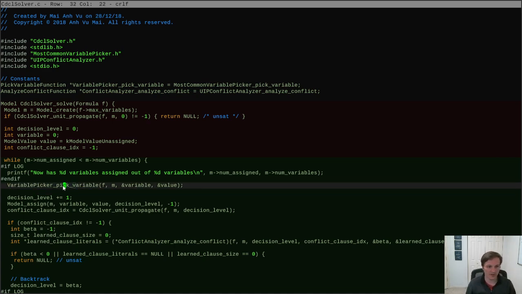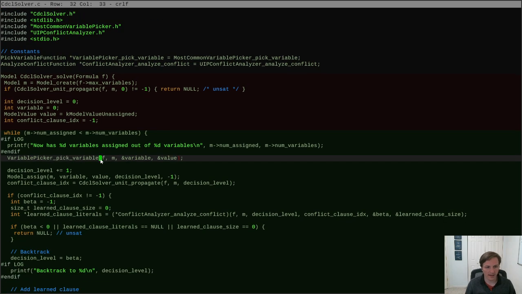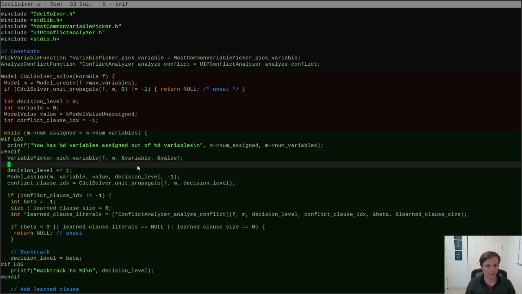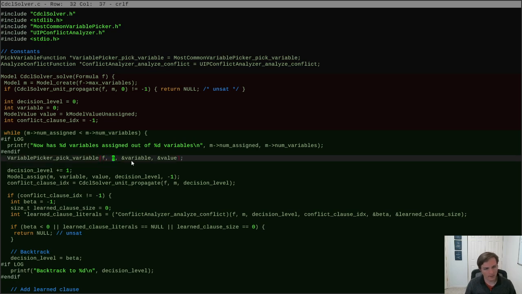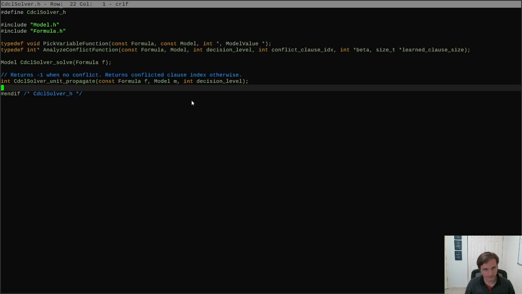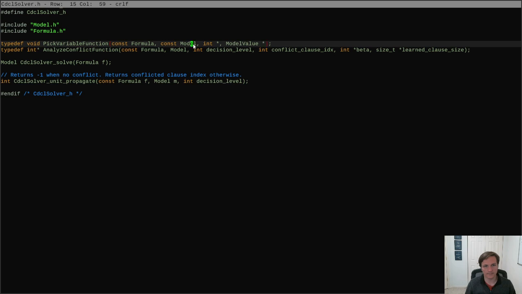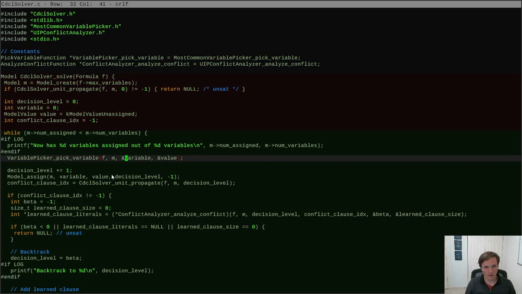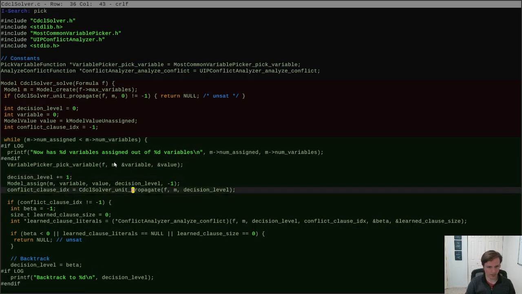It loses the information that this is a function pointer, but it gains the nice, straightforward clarity of function name, function parameters. M variable value. So, yeah, we're going to need to know what that does, but it looks like it's returning out. These right here are outs. Yeah. Pick variable.